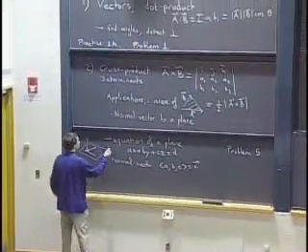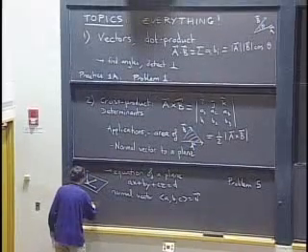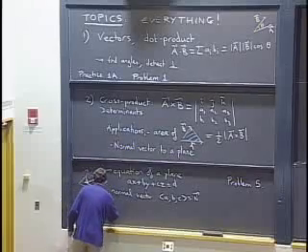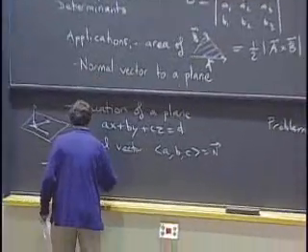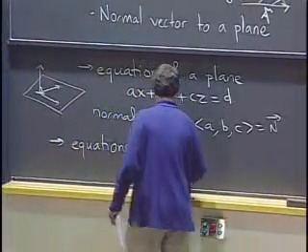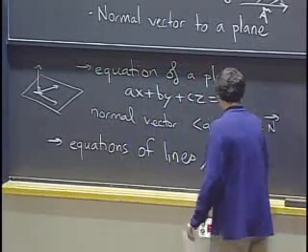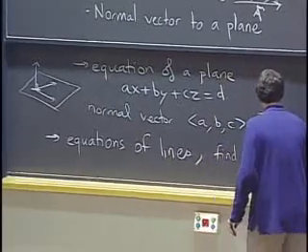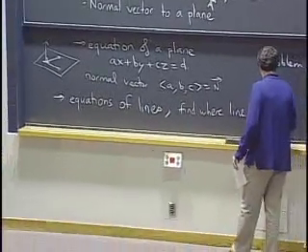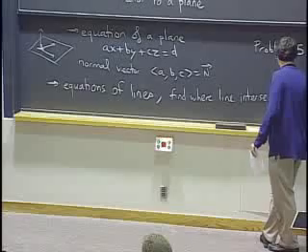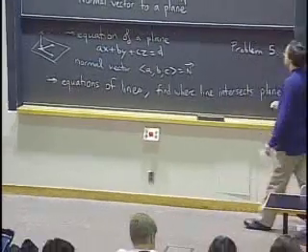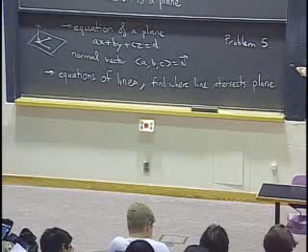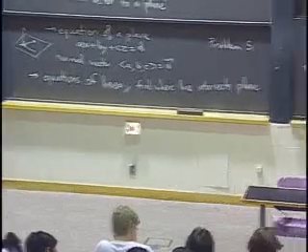Another application, well, let me just mention it as a topic that goes along with this one. We've seen also about equations of lines and how to find where a line intersects a plane. Just to refresh your memories, the equation of a line, well, we'll be looking at parametric equations.